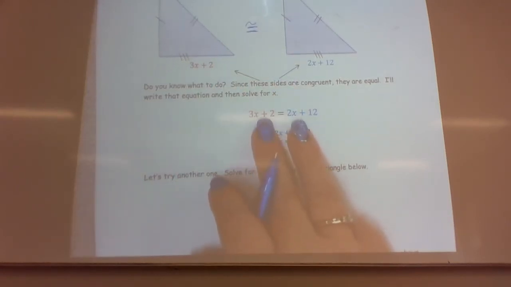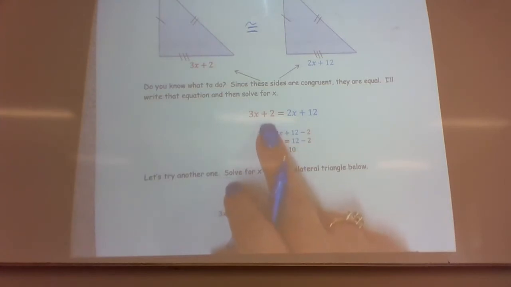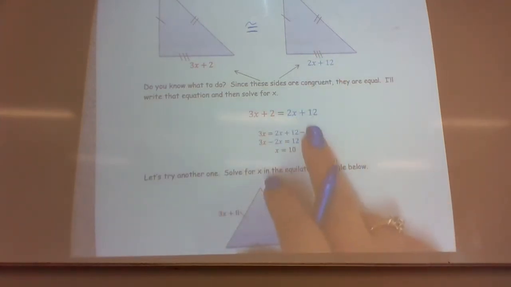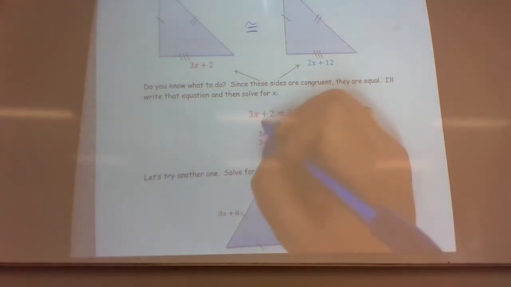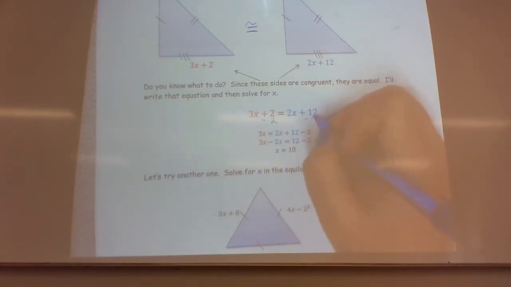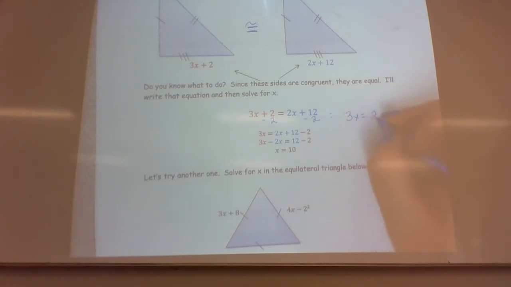So we put the 3x plus 2 on one side, and we put the 2x plus 12 on the other side. And then we do the subtraction. We know that we're going to subtract 2 from here. So this gives us 3x equals 2x plus 10.